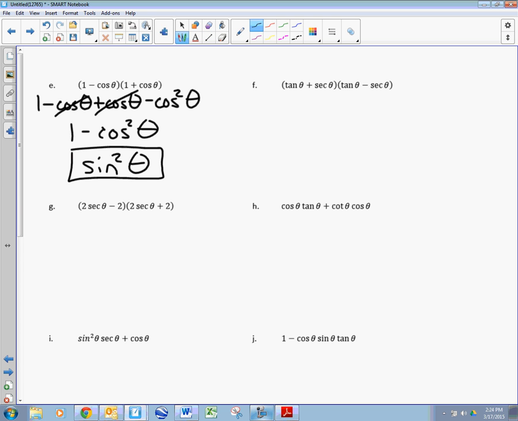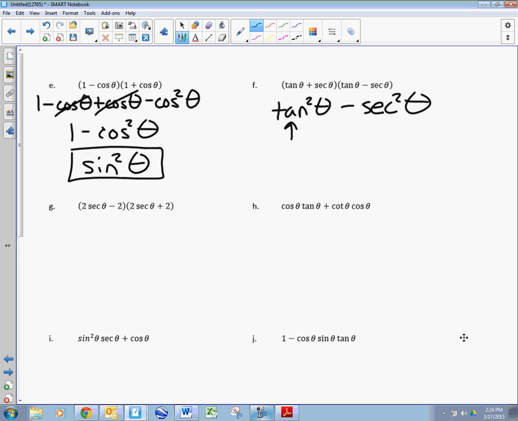F, you multiply it. They're conjugates. So you get tangent squared minus what? Secant squared. That looks familiar. Actually, your sheet says that secant squared minus tangent squared is 1. So tangent squared minus secant squared would be negative 1. If you don't see how that works, watch the substitution I'll use.